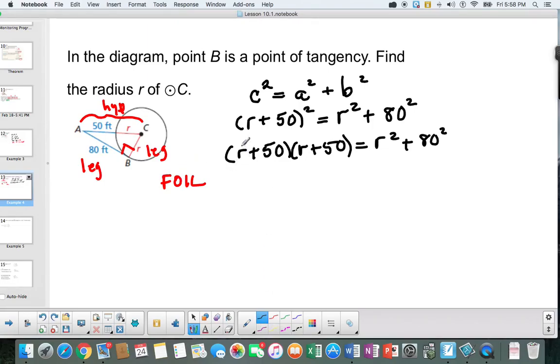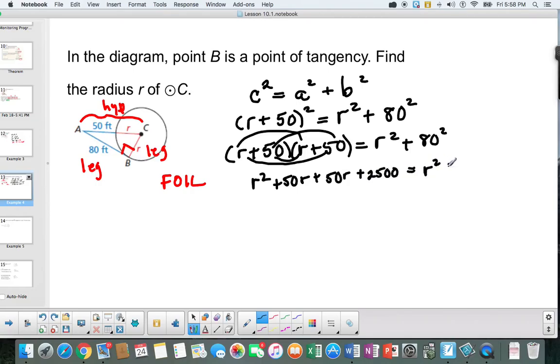Now I'm going to write this out twice because I want to use FOIL. Now remember, FOIL is first, R squared, outer, 50R, inner, 50R, plus last, which is 2,500, equals R squared plus 6,400.